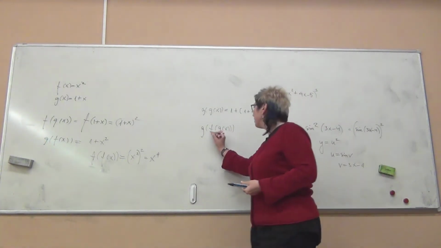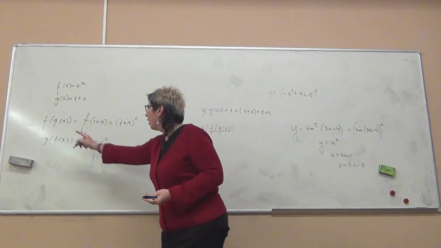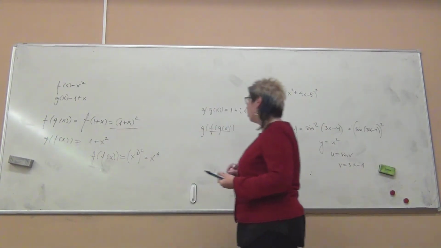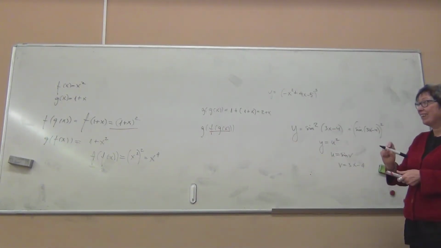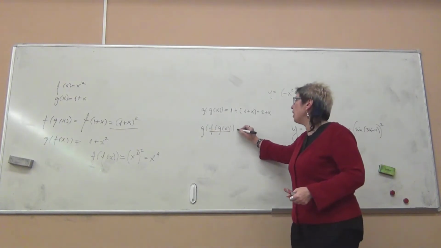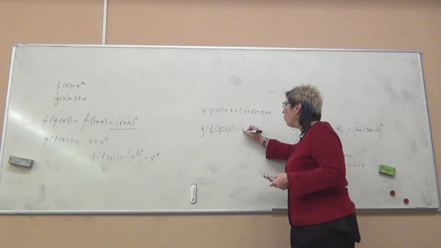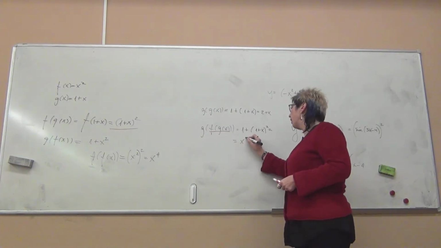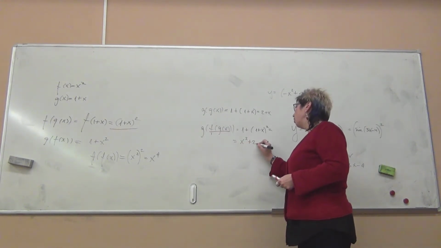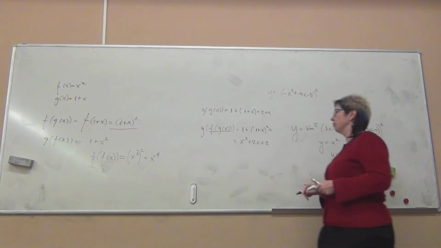This f of g of x is this. We already have it. So we put this plus 1. So g is 1 plus x, so it's 1 plus x squared plus 1. If you open the brackets, x squared plus 2x plus 2.